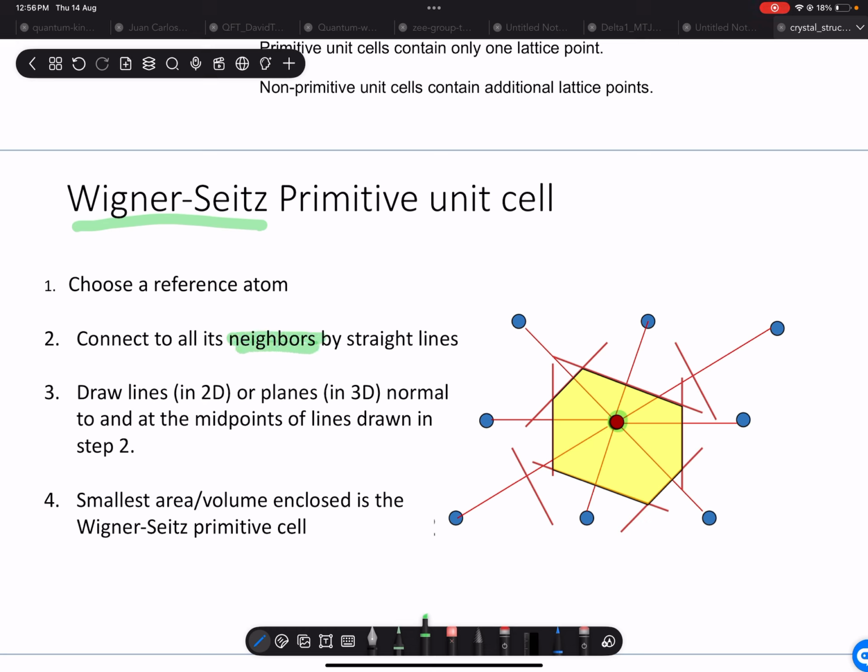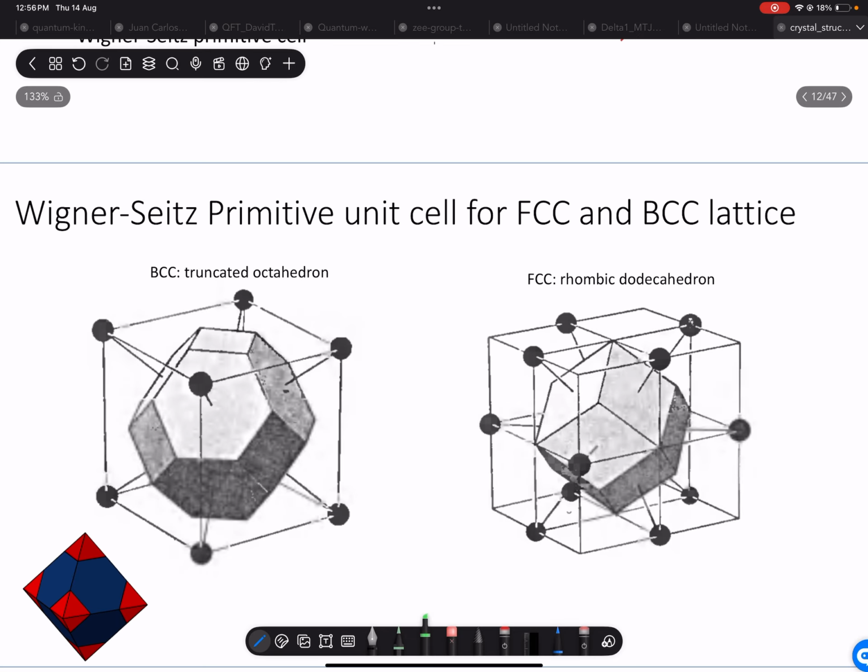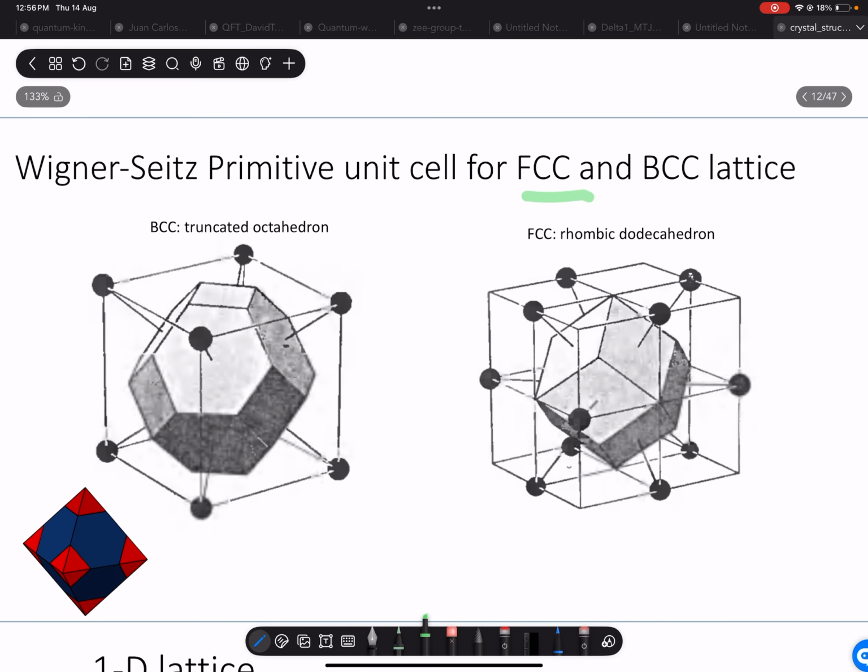You join all, then you bisect the joining lines, and whatever shape you produce is called the Wigner-Seitz primitive unit cell. So the Wigner-Seitz primitive unit cell is unique, right? Okay. So this is the Wigner-Seitz primitive unit cell for FCC and BCC.